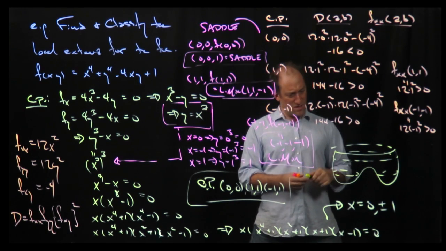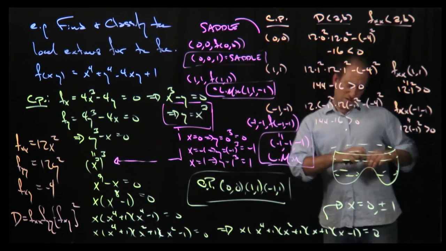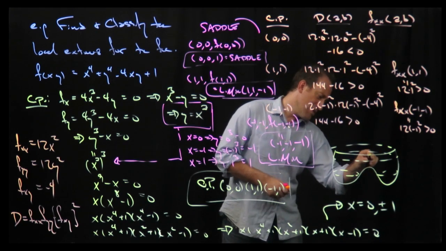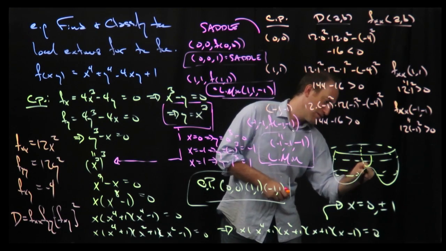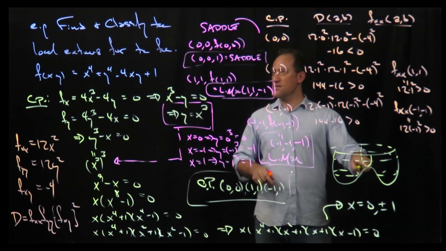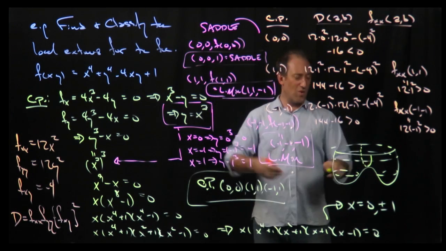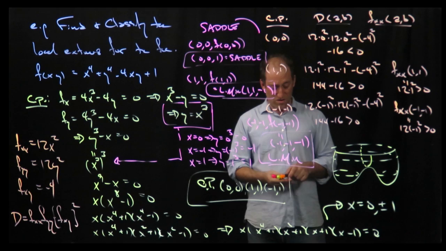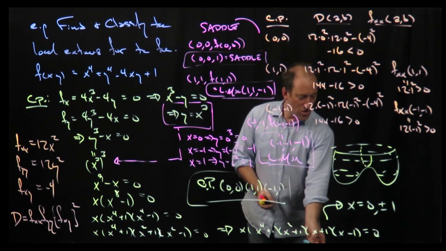The legs sort of come down that way. Here is the saddle at (0, 0, 1). So this is actually the trousers that ride the saddle.